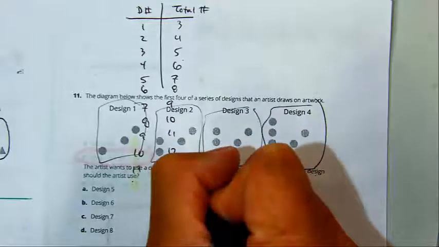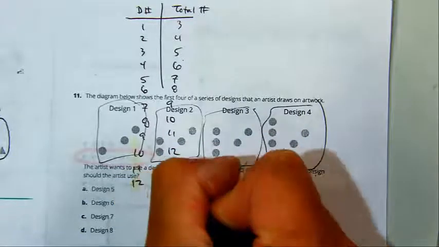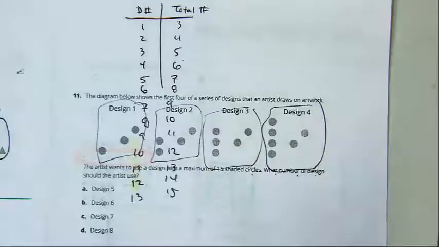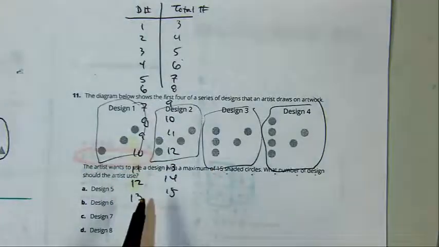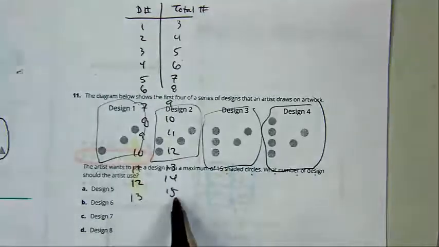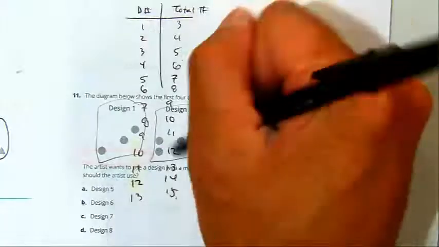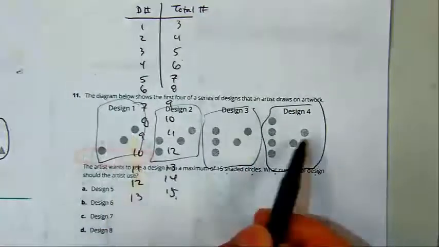11, 12, 13, 14, and then 13, 15. But I want you to pay attention. It says design number 13 has 15 dots. Do we see design number 13 here? No. So what they're implying here is not one particular design number.